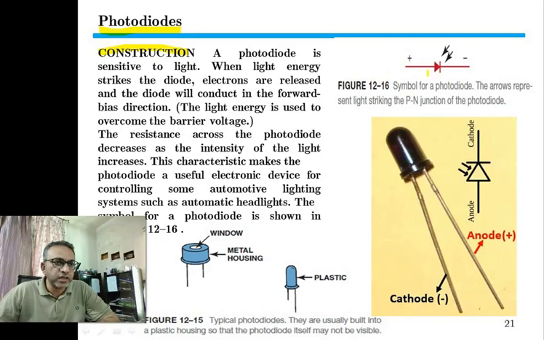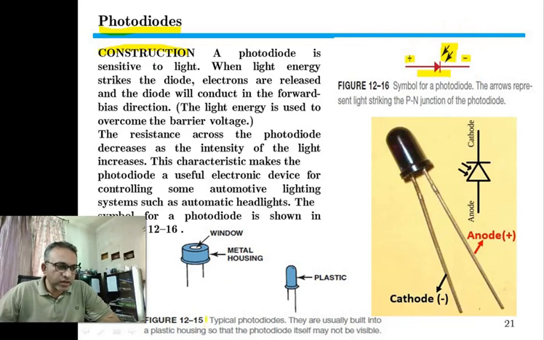So here is the symbolic representation of a photodiode. We have a normal diode with the anode terminal and the cathode terminal, and these two arrows represent the light falling on the photodiode.